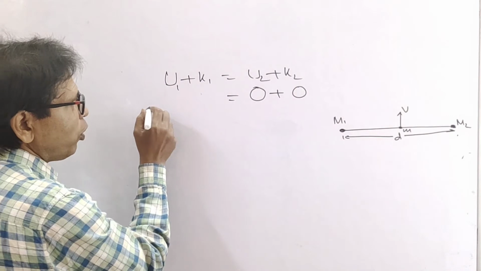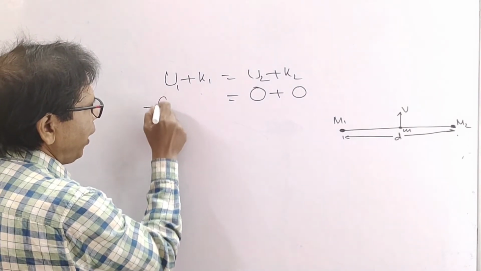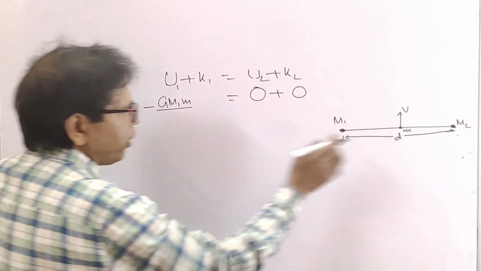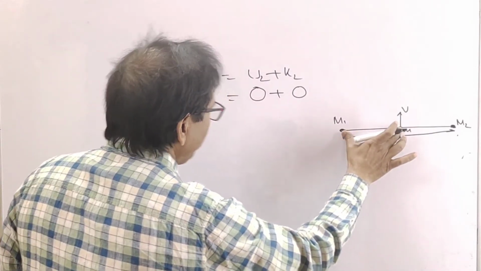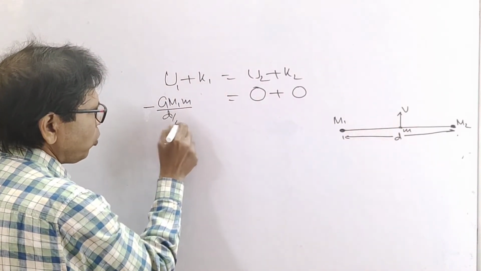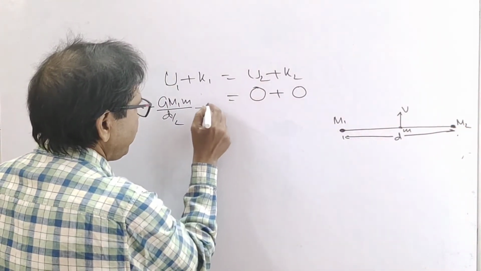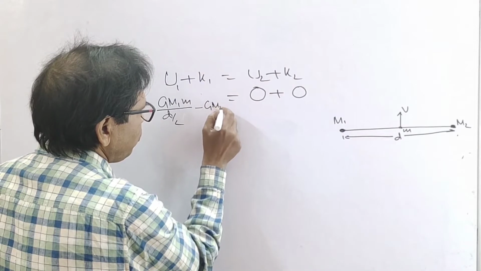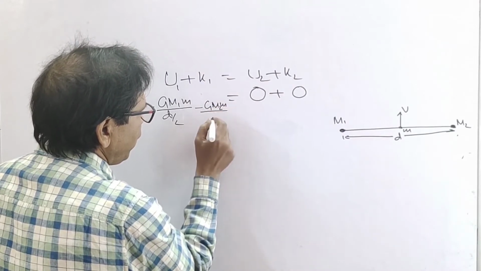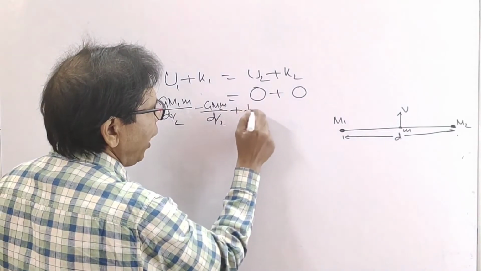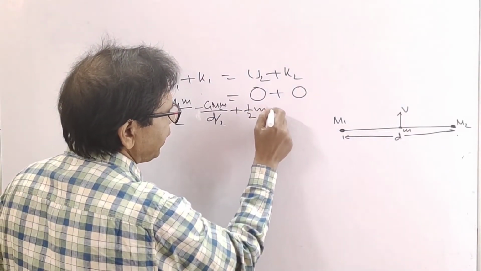So look at this potential energy. This is minus G m1 m divided by the distance, which is d by 2. Now the potential energy due to this mass is minus G capital M2 m divided by d by 2, plus half mv square kinetic energy.